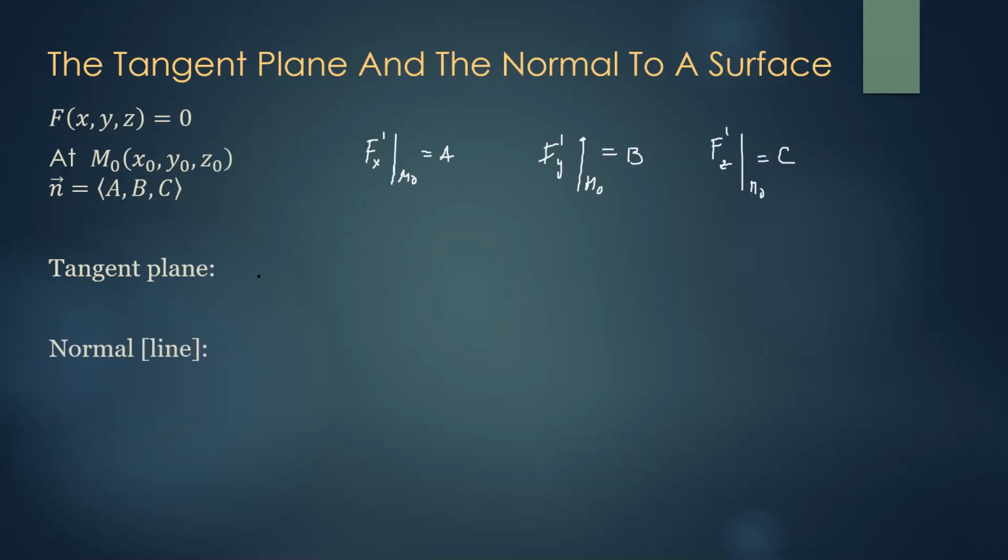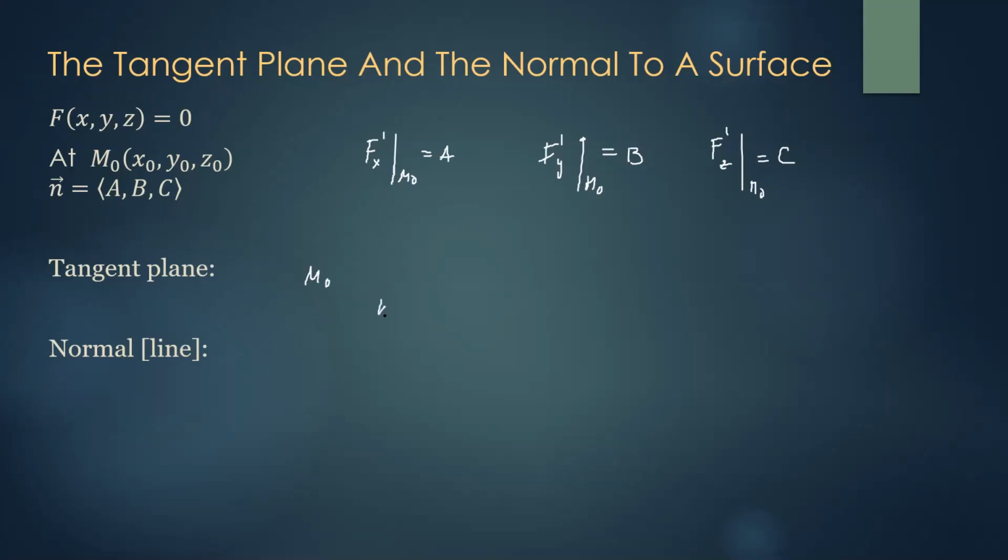Tangent plane, yes, but normal is a line, only one direction. We use the point M0, the given point on the surface, and we use the partial derivatives at that point, the values of the partial derivatives at that point.